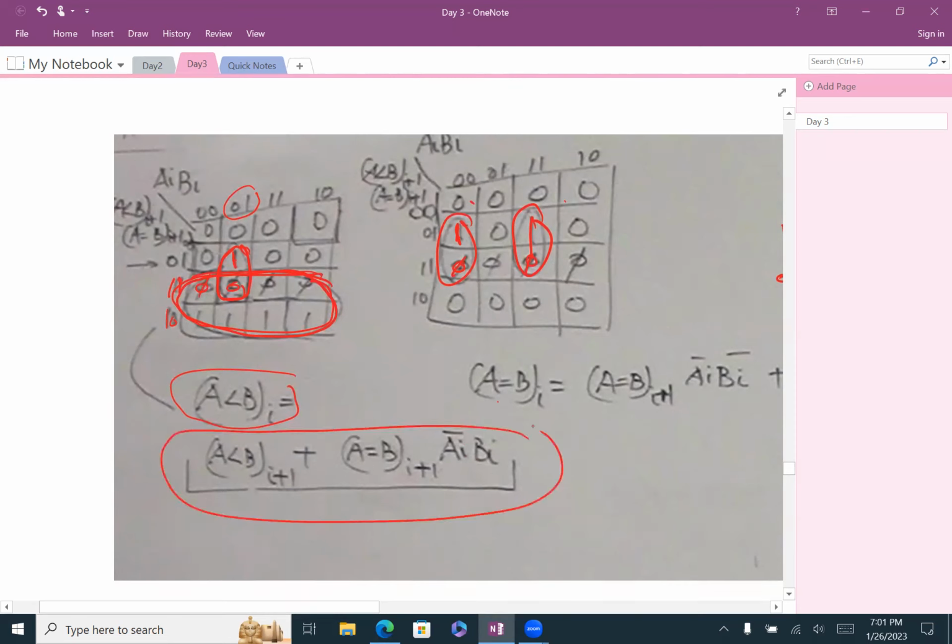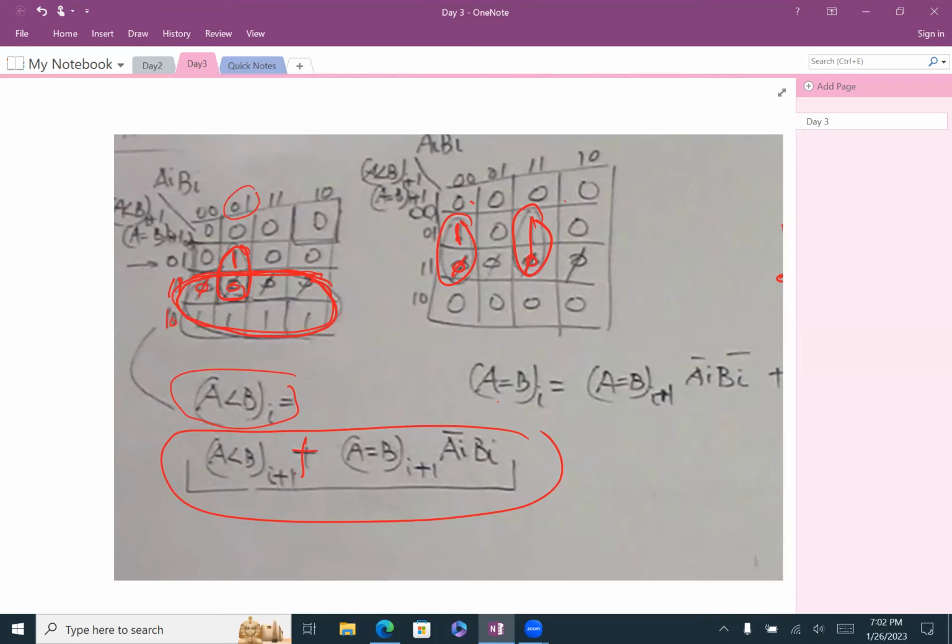By logic, when will A be less than B? Again, think about it. Either A is less than B in the previous stage, correct? Because if it's less in the previous stage, anything after that, you already decided from the previous stage that A is less than B. So I don't care about the other. Or, if the previous stage is equal, then I'm looking at the current one, and in the current one I'm looking for less.